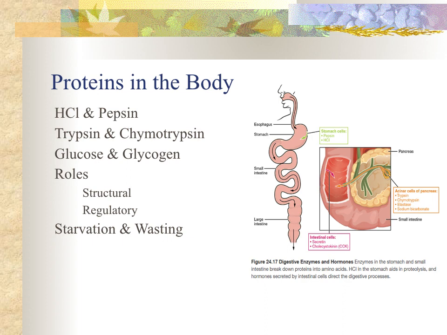Again, here we would much rather rely on glucose and glycogen as a source of energy so that we can use proteins as structural and regulatory molecules. Okay, the only time we use proteins is during starvation or when glucose and lipids are not available, and this causes wasting, loss of tissue. So a pretty serious problem.